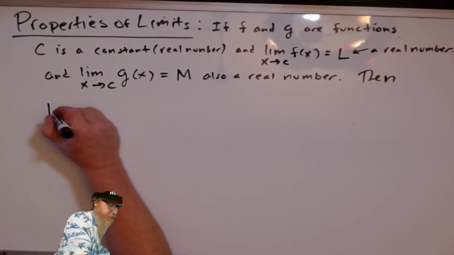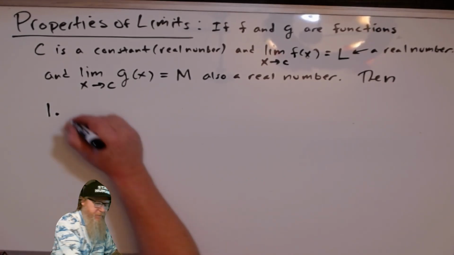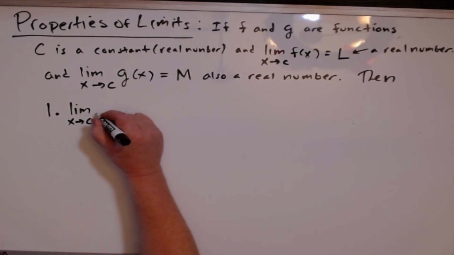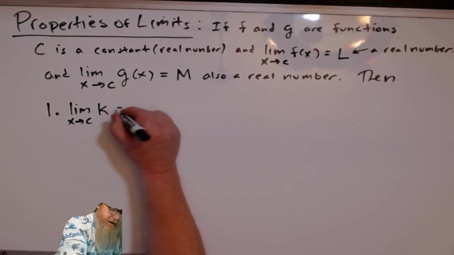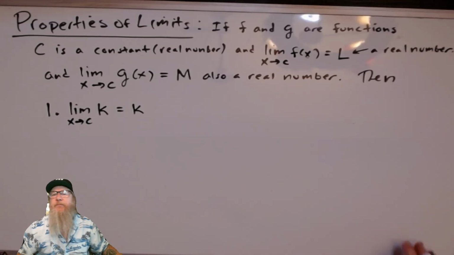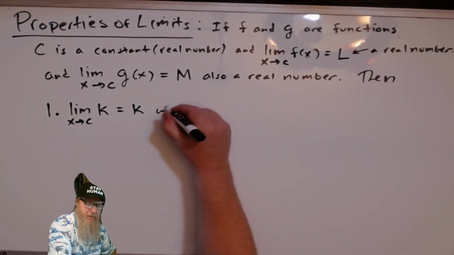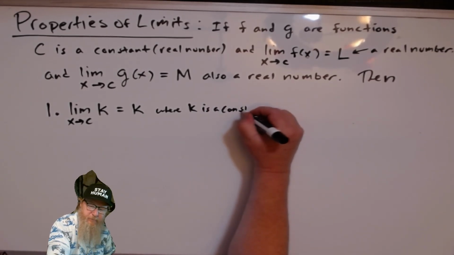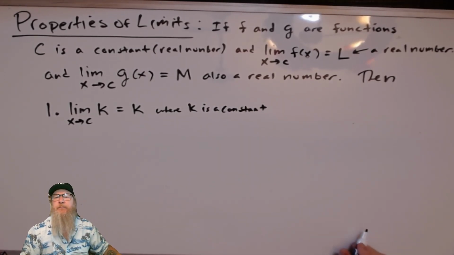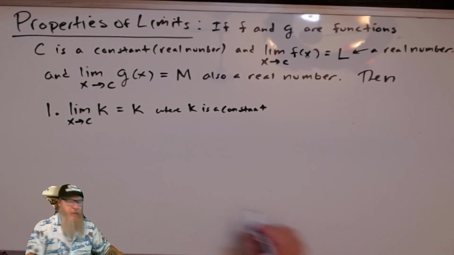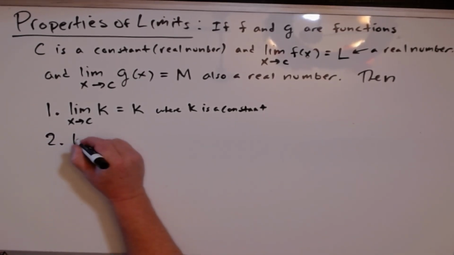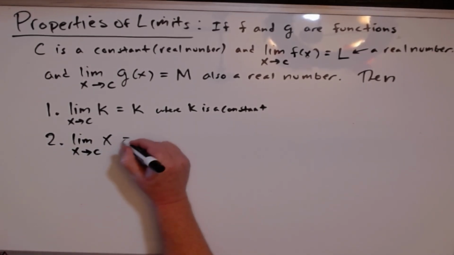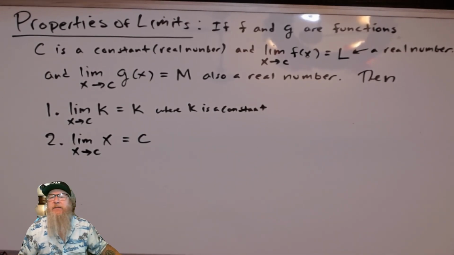I don't know if I'm going to be able to fit all 9 of them. I sure hope so. Number 1, the limit as x approaches c of a constant k is just equal to k, where k is a constant. So it's not a variable. Number 2, the limit as x approaches c of x is just c.